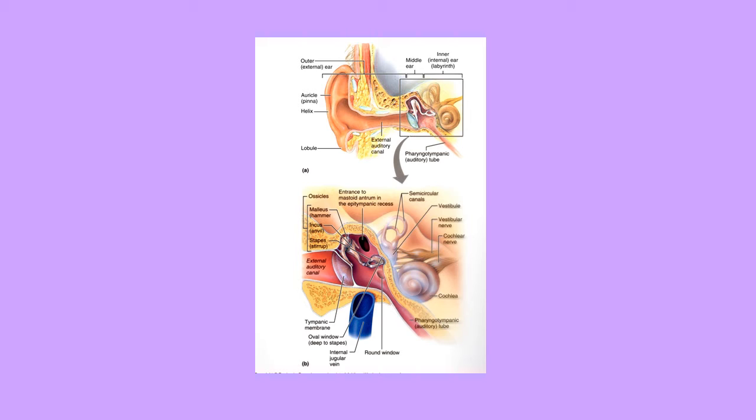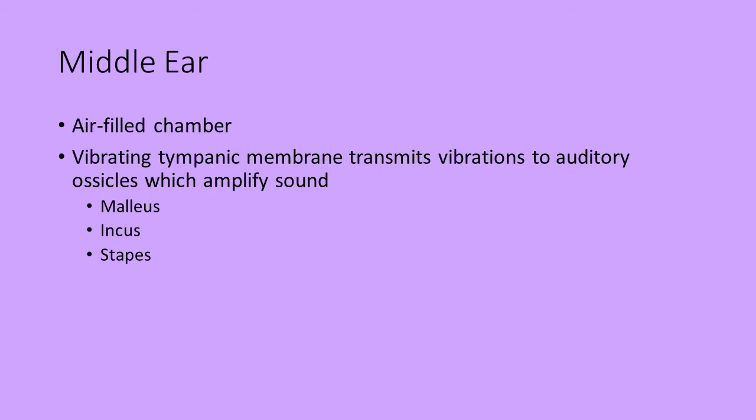In the upper picture, you can also see the pharyngotympanic or auditory tube, also known as the eustachian tube, that drains from the middle ear down to the pharynx area.